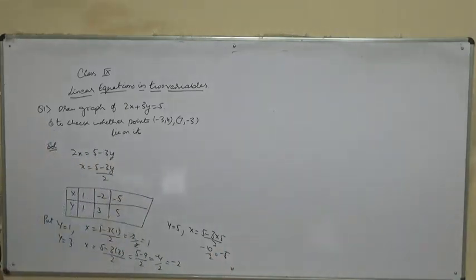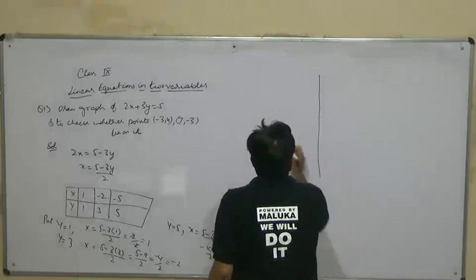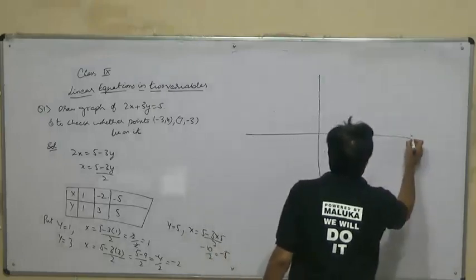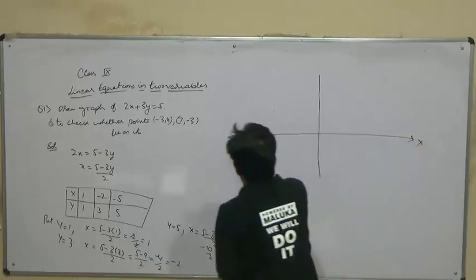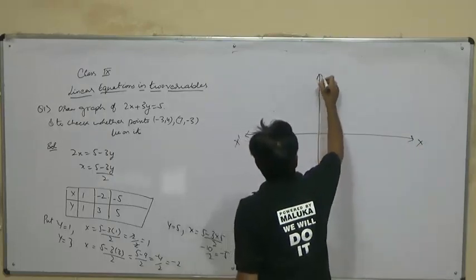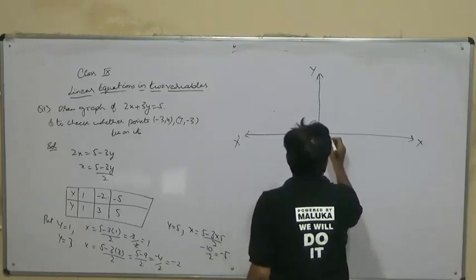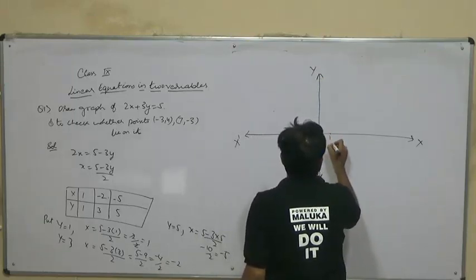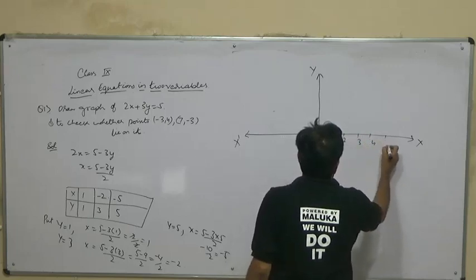Now we will plot the graph on this. So this is our x-axis, x, x dash, then y, y dash. Now these are 0, 1, 2, 3, 4, 5.